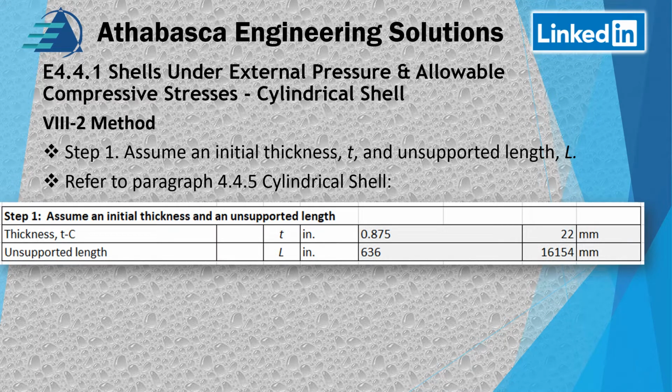We do some number juggling at the beginning to make sure everything is okay. We're just reconfirming in our minds what the unsupported length is according to the definitions. If you recall in the earlier slides of this presentation, there was a definition for what L is. And of course we're adjusting for the corrosion allowance in this particular example, and we're going to continue.